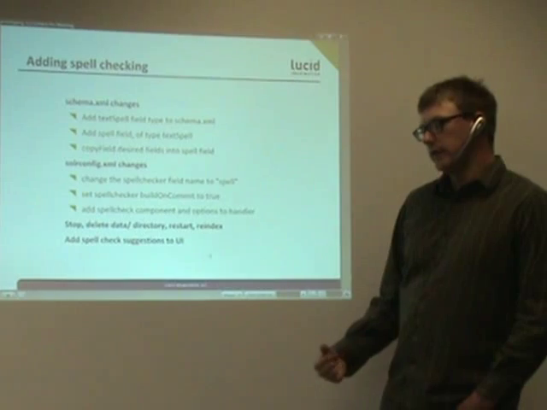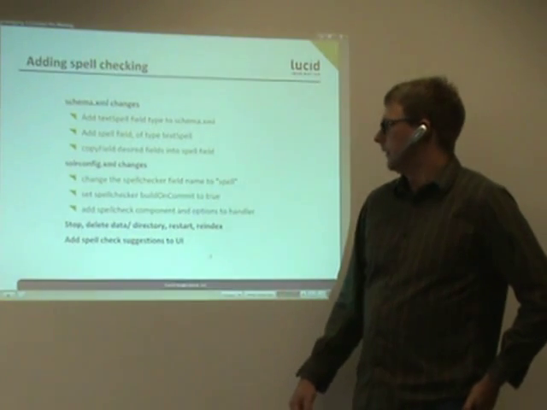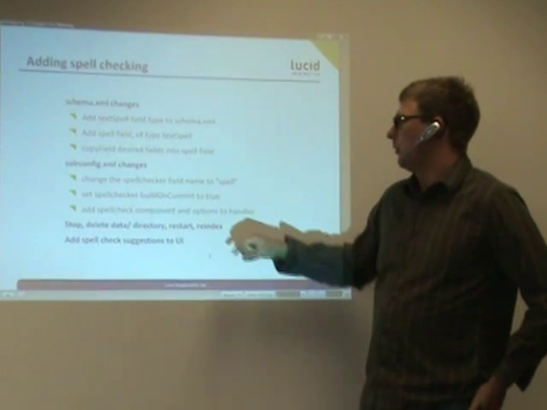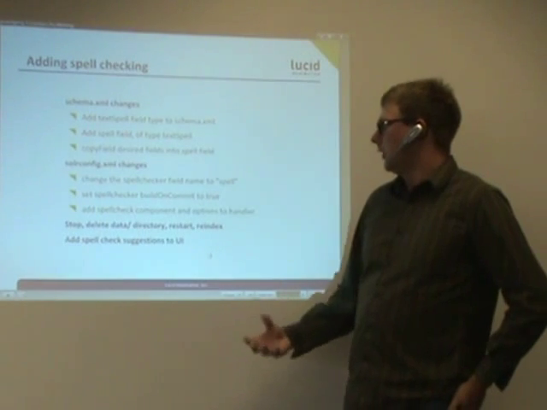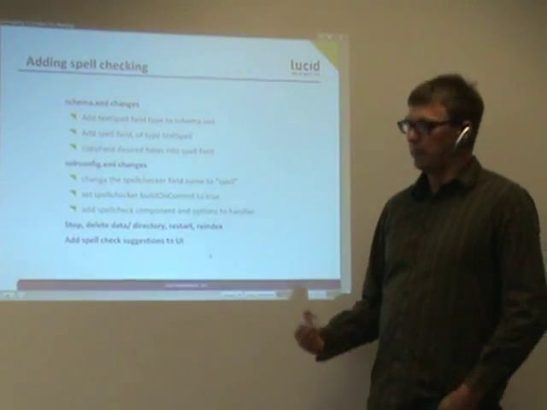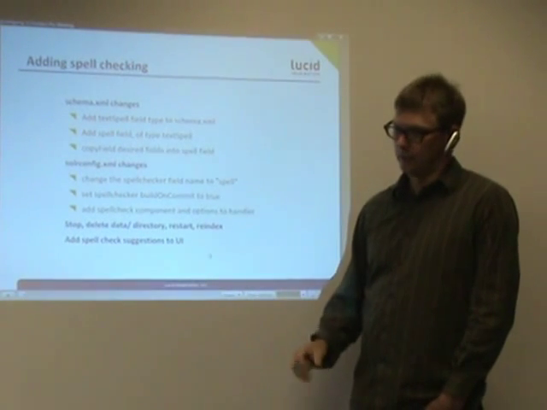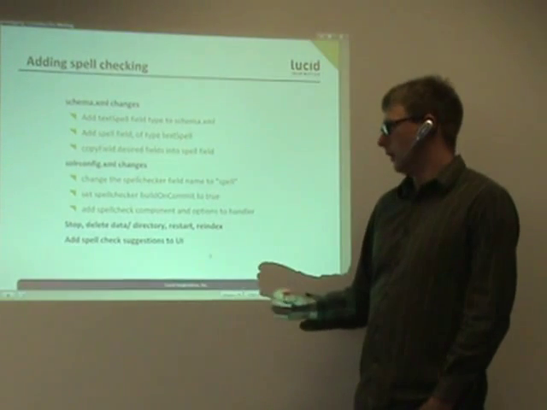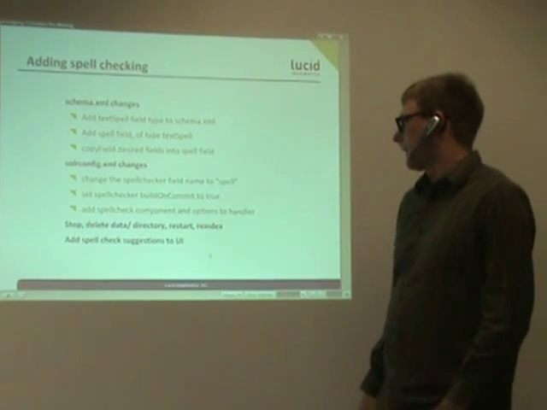And then we actually need to change Solr's solrconfig.xml to enable the spell checker properly. So we need to change the field name to spell in the solrconfig.xml. We need to set the spell checker to build on commit. What this will do is anytime you add content to Solr and then you issue a commit, it will rebuild the spell check index from scratch.